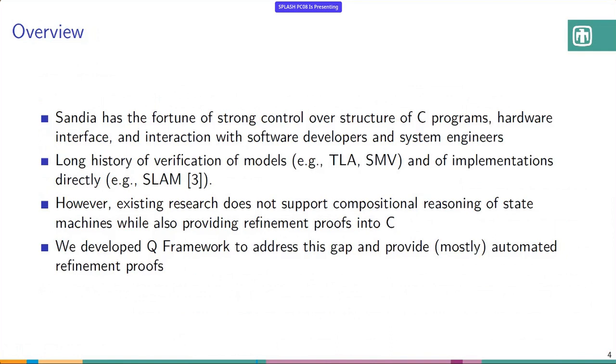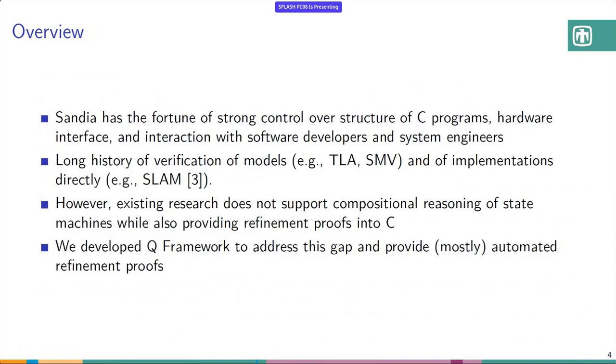For example, Microsoft SLAM project with C device driver verification. However, there's this issue of compositional reasoning of state machines while also providing a refinement proof, right? We might be able to prove that the model itself is correct, but we want to also ensure that the C implementation upholds those properties we've tried so hard to prove.